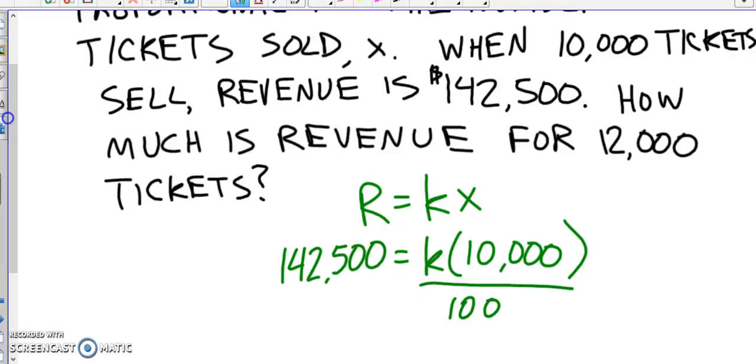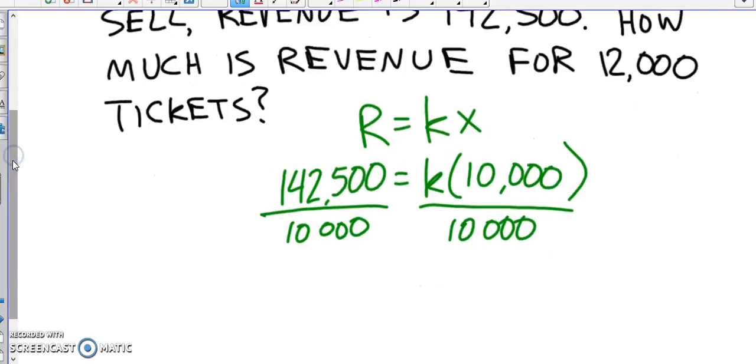We can divide by 10,000, and I get 14.25 equals K. Incidentally, what do you suppose that represents? That is the price of each ticket.